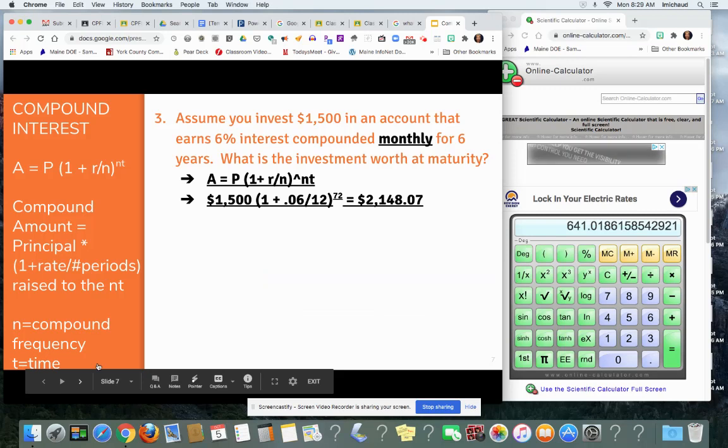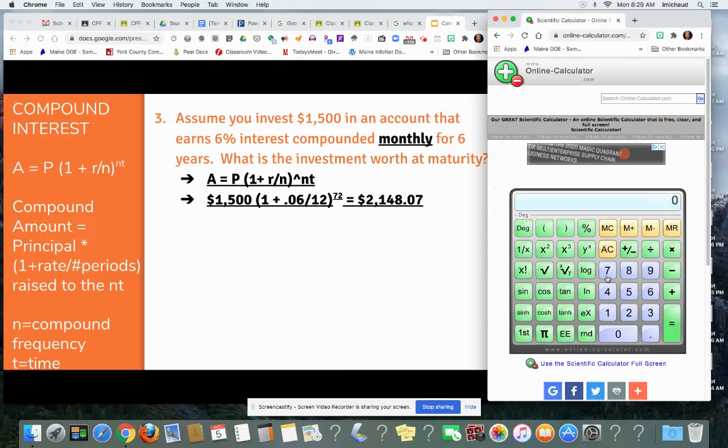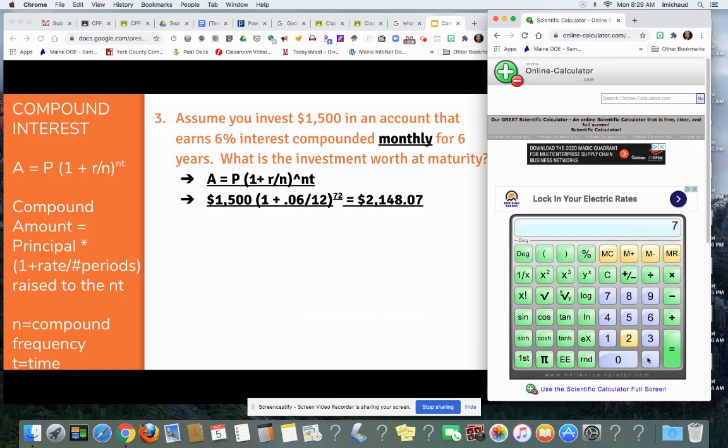Okay, so when you plug these numbers in, again, I'm going to clear the calculator. 0.06 divided by 12 equals, plus 1 equals. That's what we've done right within the parentheses.